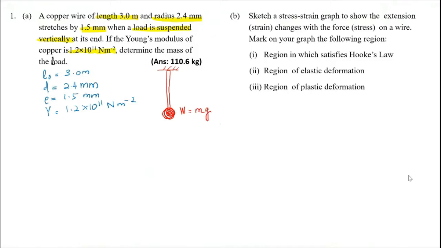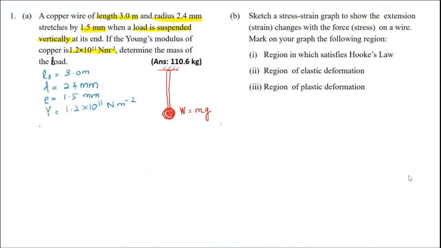So the force that stretches the copper wire by 1.5 millimeter is because of the load that we attach at the end of the copper wire and hang vertically. So to find the mass of the load, we need to use the equation of Young modulus.